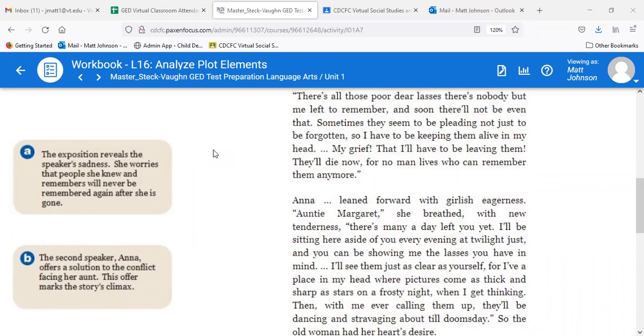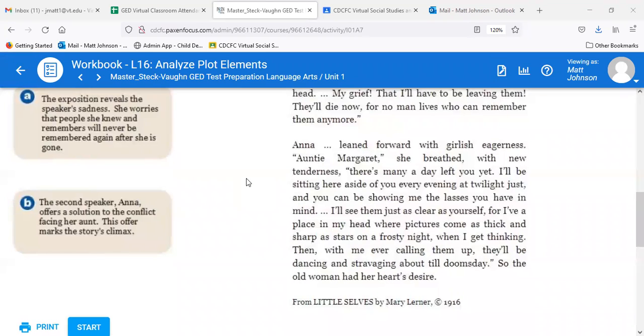I'll see them just as clear as yourself, for I have a place in my head where pictures come as thick and sharp as stars on a frosty night when I get thinking. Then, with me ever calling them up, they'll be dancing and stravaging about till doomsday." So the old woman had her heart's desire.